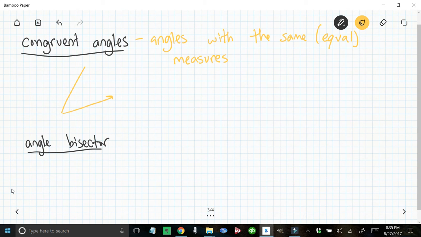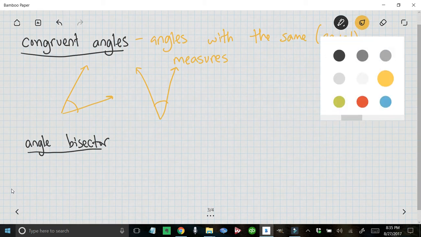So let's say I have this angle here, and I have this angle here, and I try to make them look like they're the same measure. You'll see one arc in each one, and that would let you know that they're congruent. Or if one had 2 arcs and 2 arcs, that would let you know that those are congruent too. So congruent angles will have the same or equal measures, and we're going to be setting up some examples where we can set them equal to each other and use some algebra to do some solving for those.